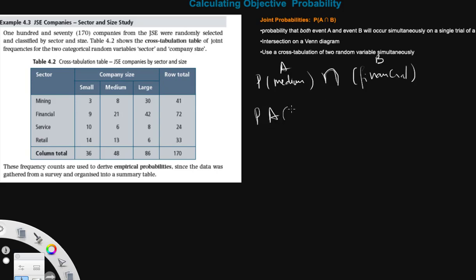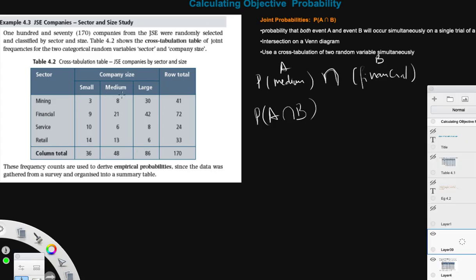Therefore, that brings us to one of the concepts that we saw, the intersection concept. So what you are going to do here is, you get to the table, you see this is the medium column right here, and from the medium column, we look at the medium sized company, we look at the total, and we also look at the financial one. We take those two numbers, then we check where they are intersecting. It's exactly at this point.